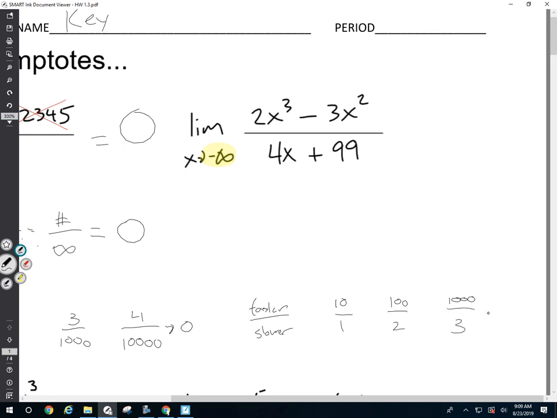These fractions are getting larger and larger and larger and larger. But I want you to be specific. Is it getting larger and larger and larger in a positive fashion or in a negative fashion? So you need to check your signs.